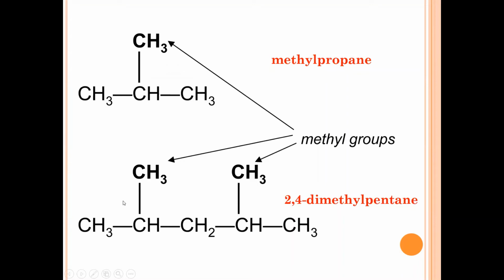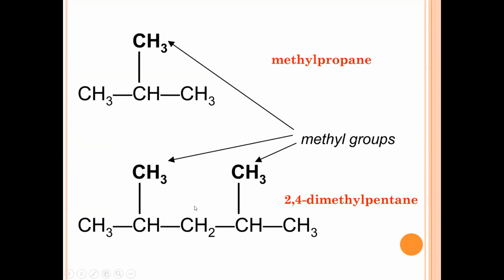In this case here, 1, 2, 3, 4, 5 is the longest chain. This is pentane. Now we have 2 methyl groups, one located at 2 and the other located at 4. So this becomes position 2, position 4, di, meaning we have 2 of the same, methylpentane.